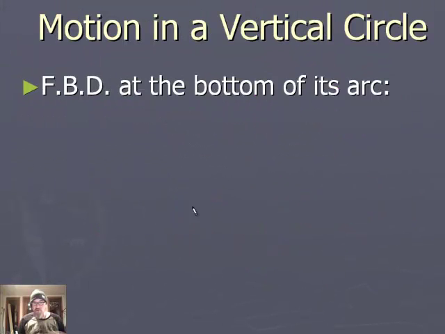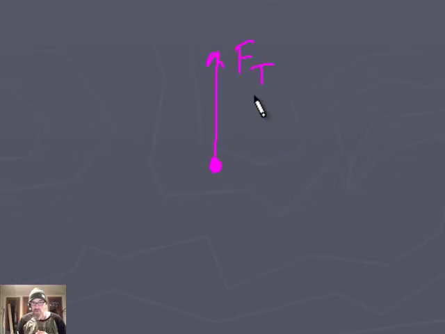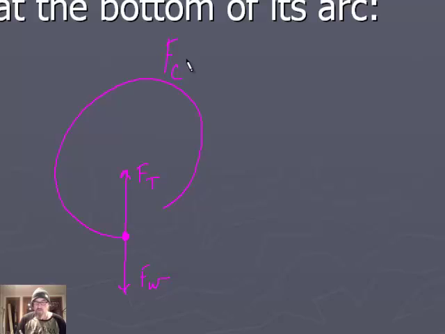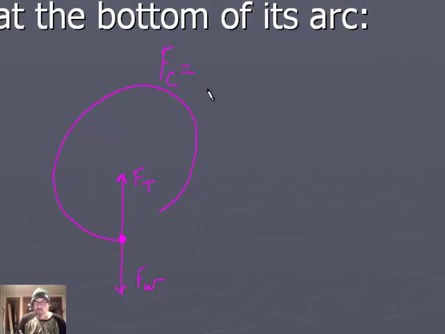Let's take a look at the free body diagram at the bottom of the arc. Now the object is sitting down here at the bottom. Tension is acting towards the center of the rotation because this thing is spinning like this, but the weight is acting downward. So the centripetal force in this situation, remember centripetal force is the net force toward the center of the circle, is going to be the tension minus the weight.